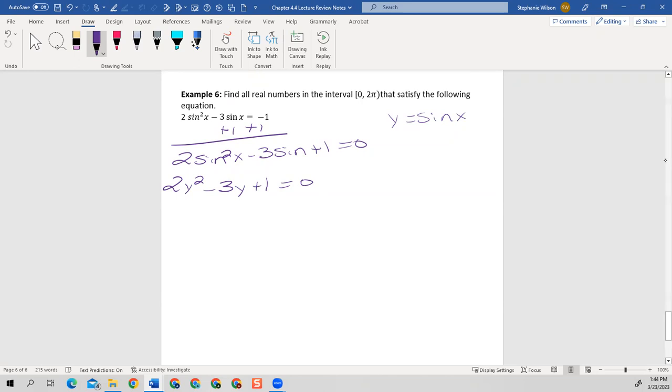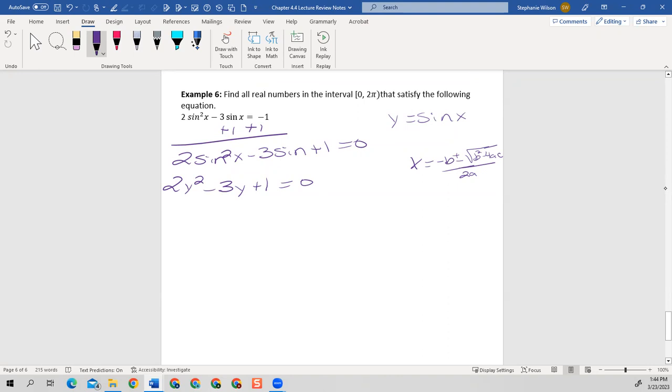You can do it that way, or you can use the quadratic formula, which is -b plus or minus the square root of b squared minus 4ac, all divided by 2a. You can use that method if you would like. As long as it's written in descending order, it will work out.